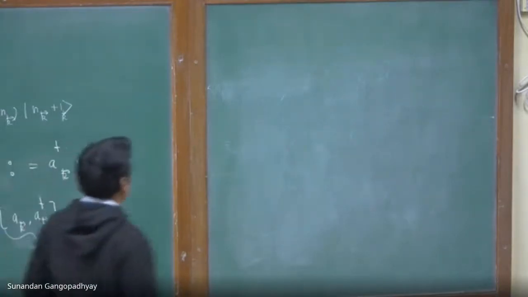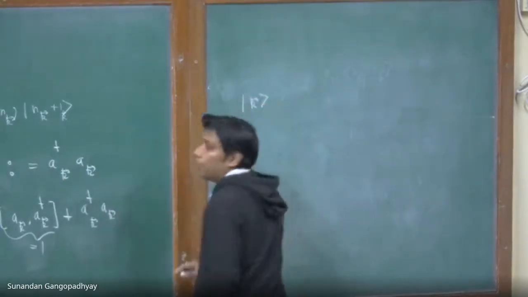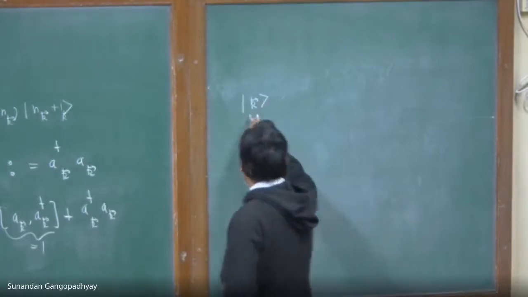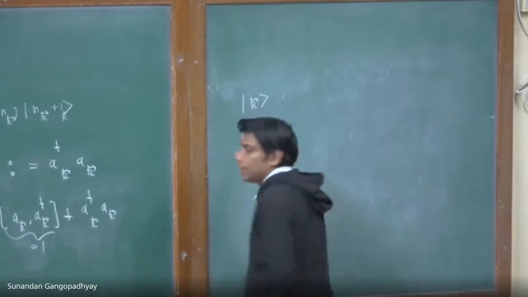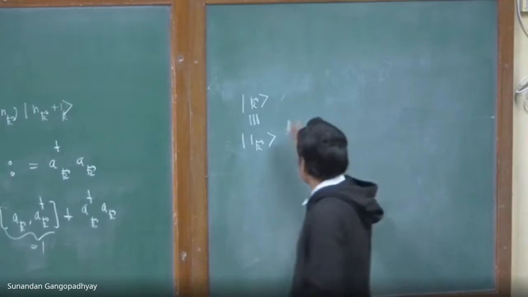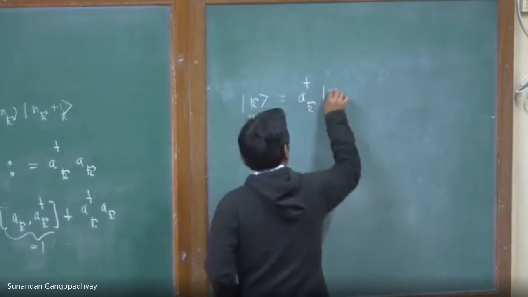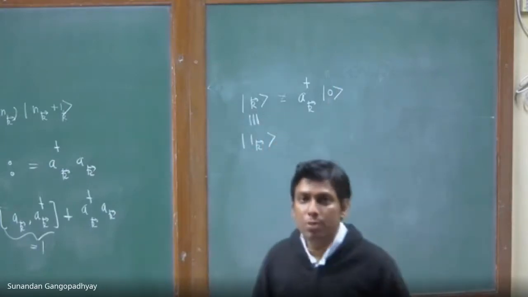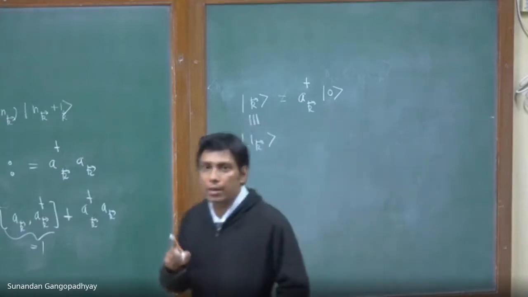So we know that a state with momentum k, so a one particle state, you can write it like this |k>, or you can also write it like this |1_k>. Both are equivalent. This is nothing but a dagger k acting on the vacuum.